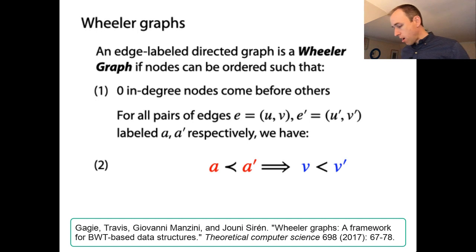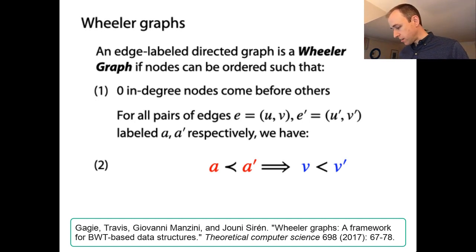So for all pairs of edges, E and E prime, where we can also write the edges in terms of their source and destination, we'll say edge E has source U, destination V, and edge E prime has source U prime, destination V prime. For all such pairs of edges, labeled A and A prime respectively, because all edges have a character label, we have the following logical relationship.